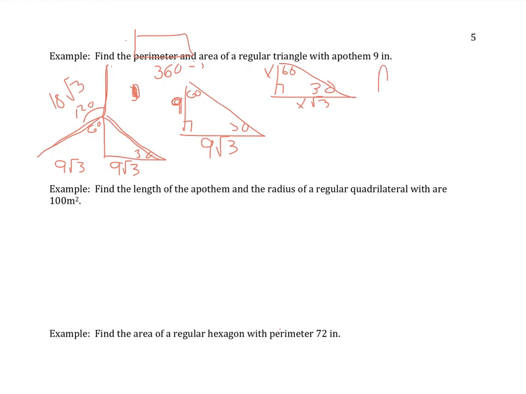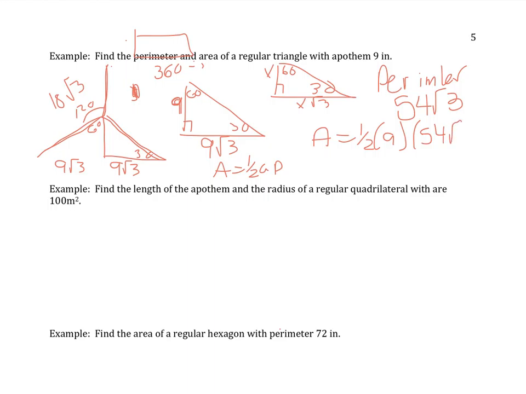So the perimeter is going to be 18 radical 3 times 3. So the perimeter is 54 radical 3. And then the area is 1/2 of 9, because I'm now doing 1/2 the apothem times the perimeter. 1/2 of 9 times 54 radical 3.